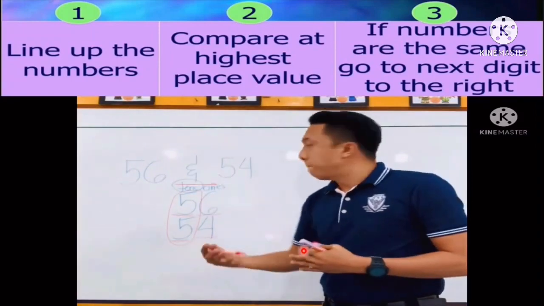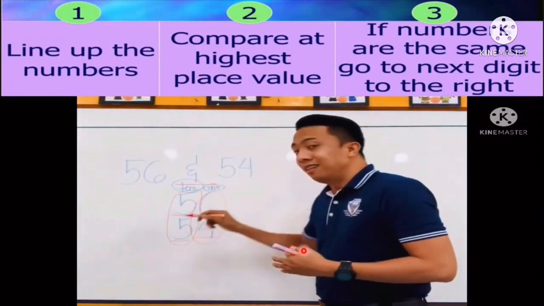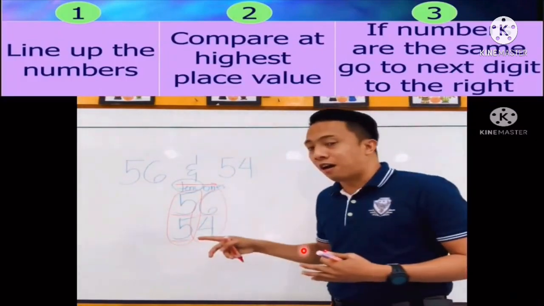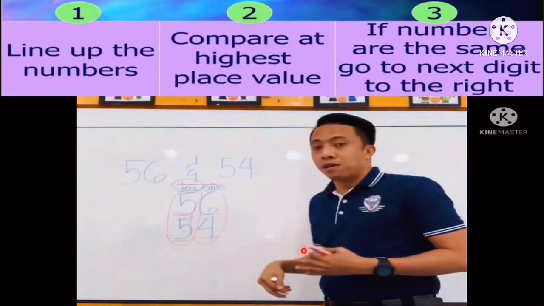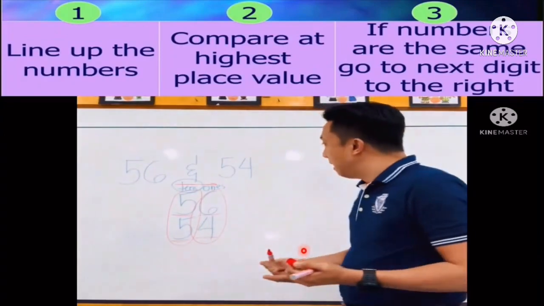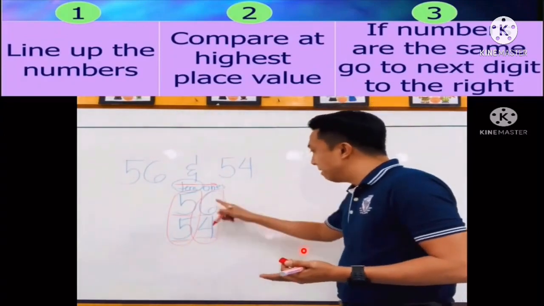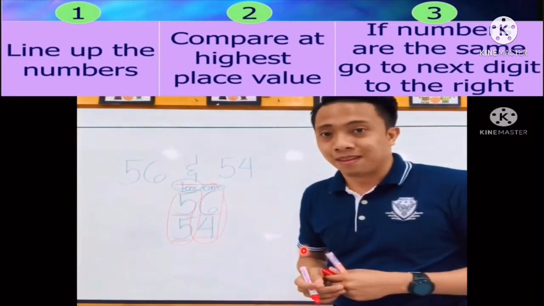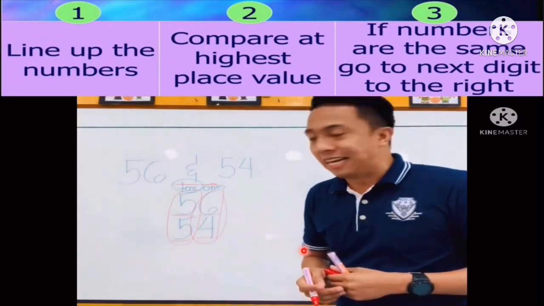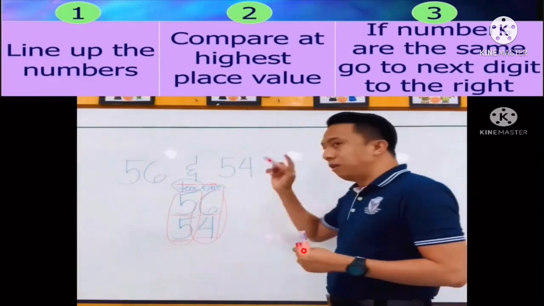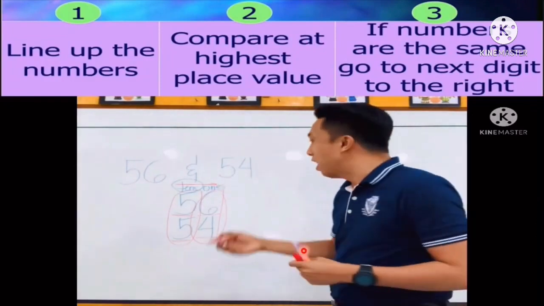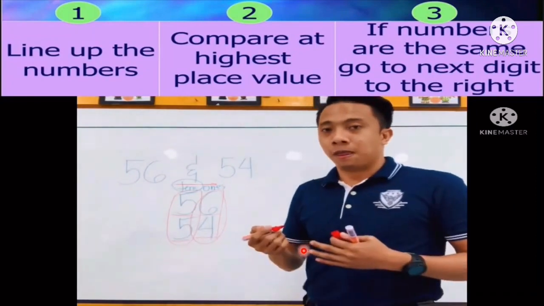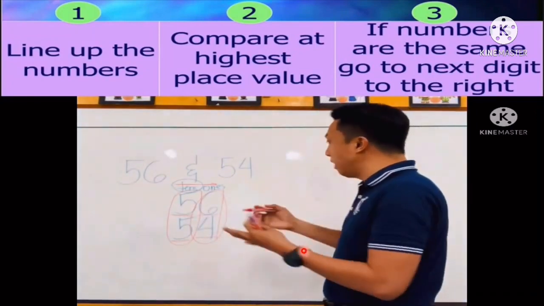We will do again the step 3. We need to identify if the two numbers are the same or not. In our ones place, 6 and 4 are not the same. Right? Yes. So, we will just identify which number is greater. Which number is greater?